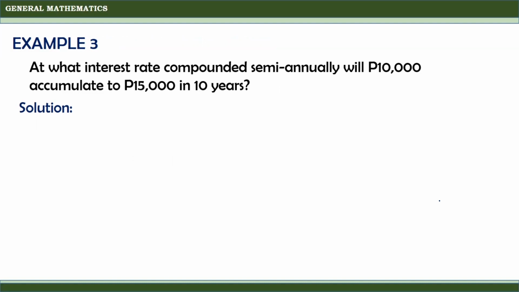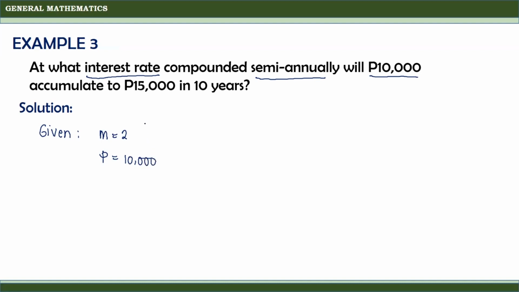From the problem, it is very clear that what we need to solve is the interest rate, or the IM. So the first thing to do is to list down all the givens. Since it was stated that the interest rate is compounded semi-annually, M is equal to 2. The amount being invested is 10,000, therefore P is equal to 10,000.